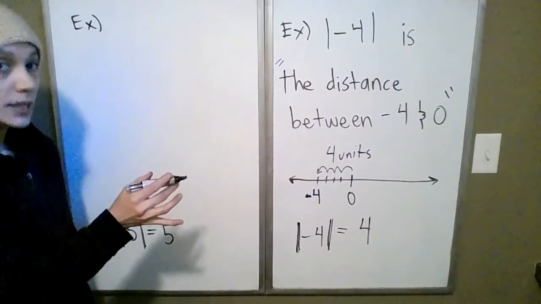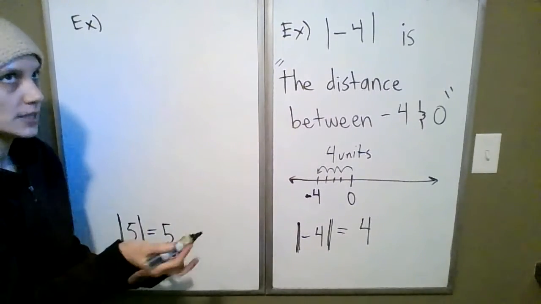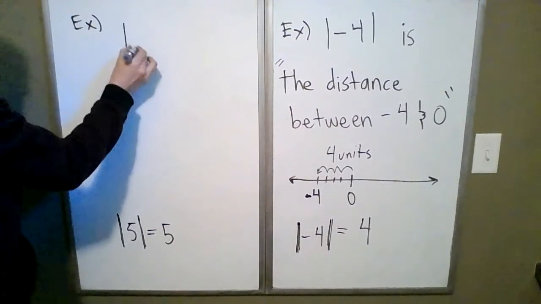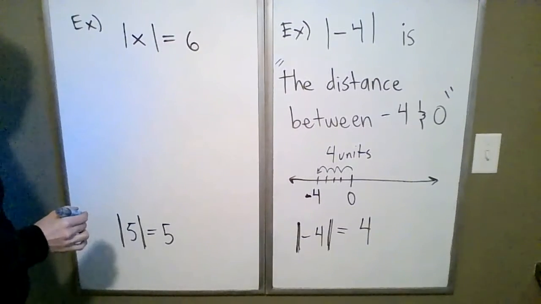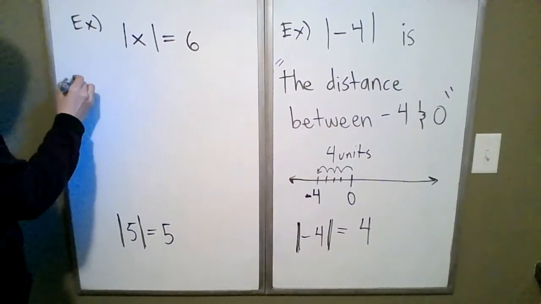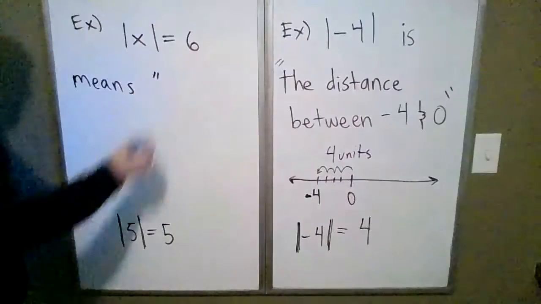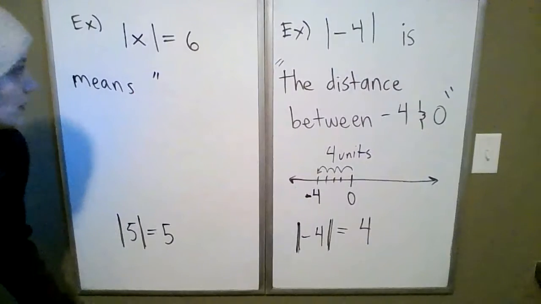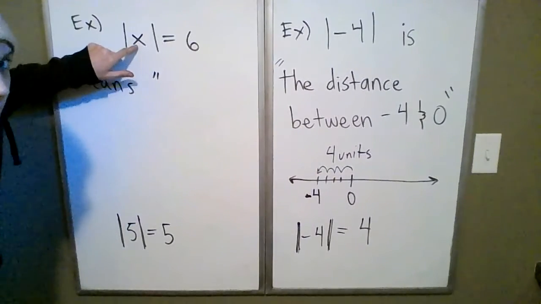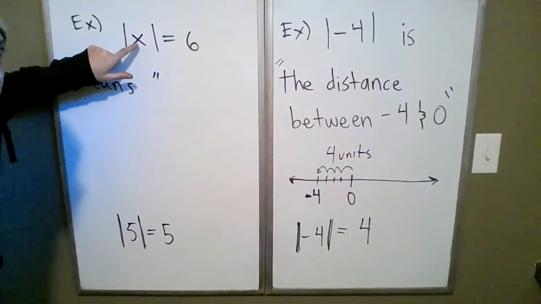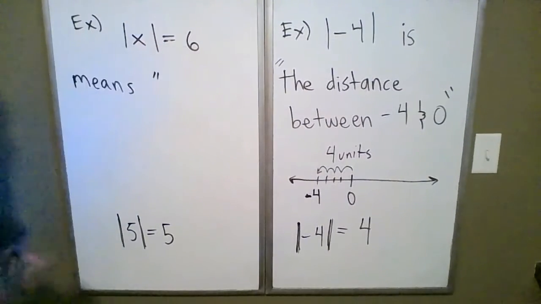This time, we're going to look at the absolute value of x is equal to, let's do 6. Absolute value is the distance between whatever's inside, x, and the origin. So the distance between x and 0 is 6.